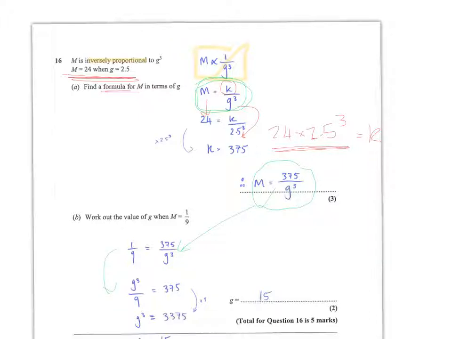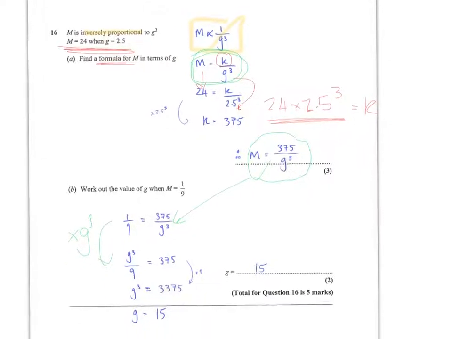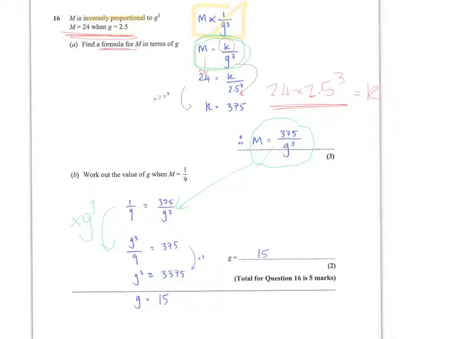To get from my first line to my second line, I need to multiply by g cubed. This would cancel out g cubed on the right hand side, and the left hand side would leave me with g cubed over 9. And then to calculate the value of g, I need to times by 1/9 and then cube root.